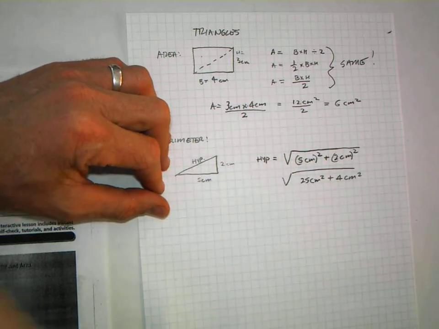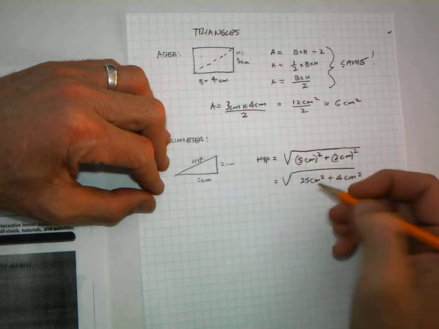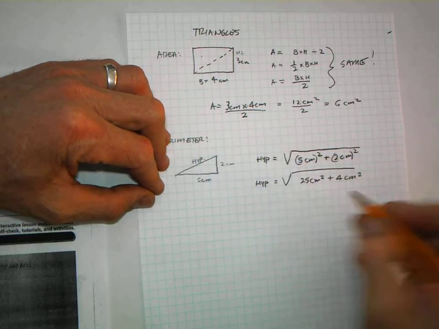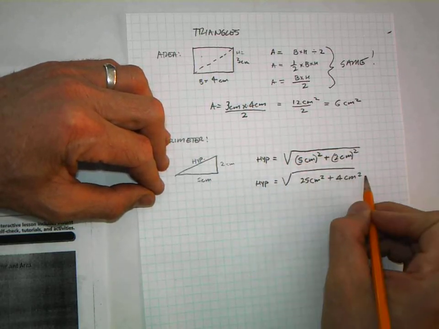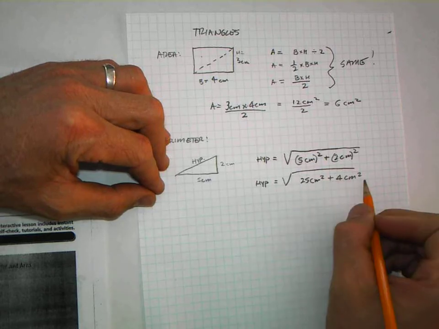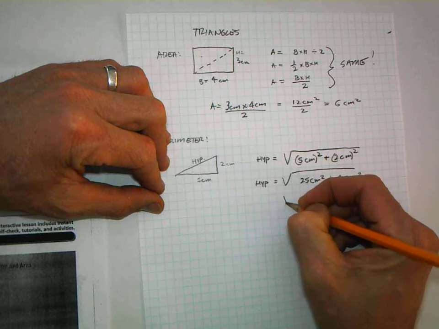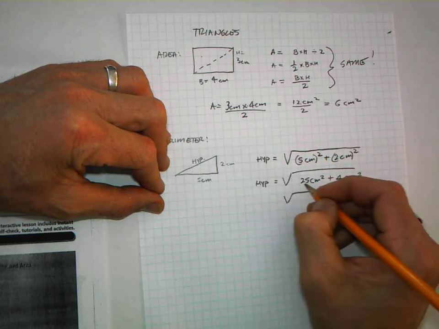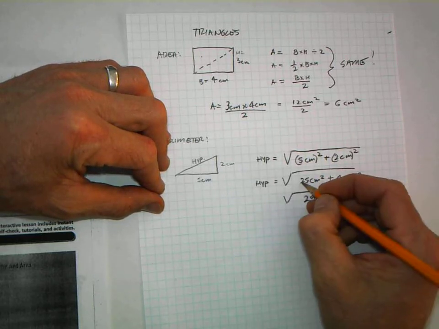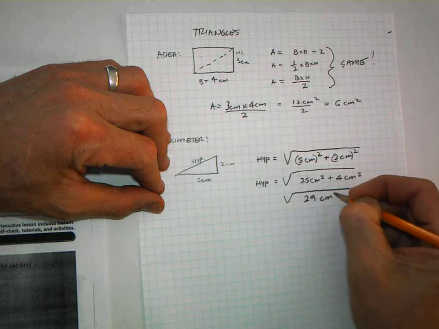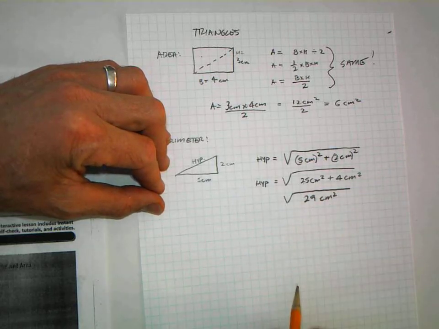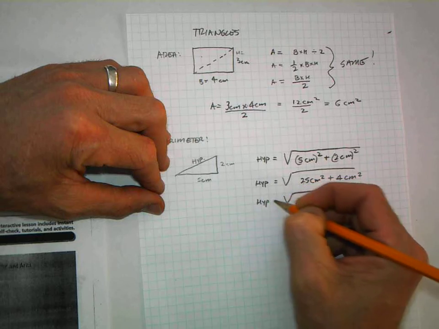And what do we do now? Well, you're going to take the square root of all that, but you're going to have to first add it together. So the next step is to say this is 29, 25 plus 4 is 29 centimeters squared. There's your answer, except that doesn't really look that useful.